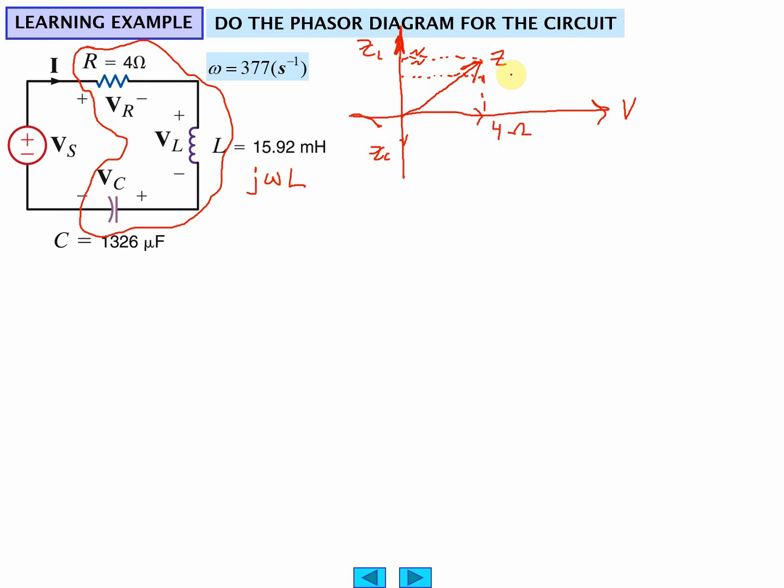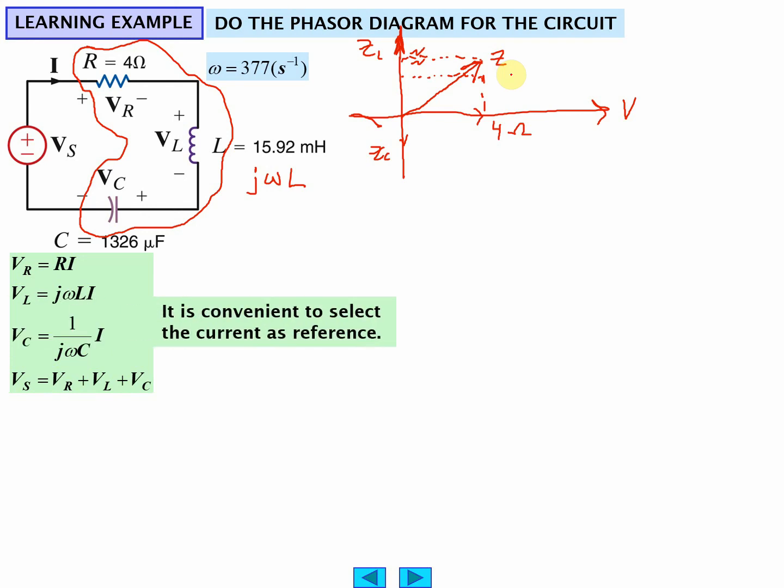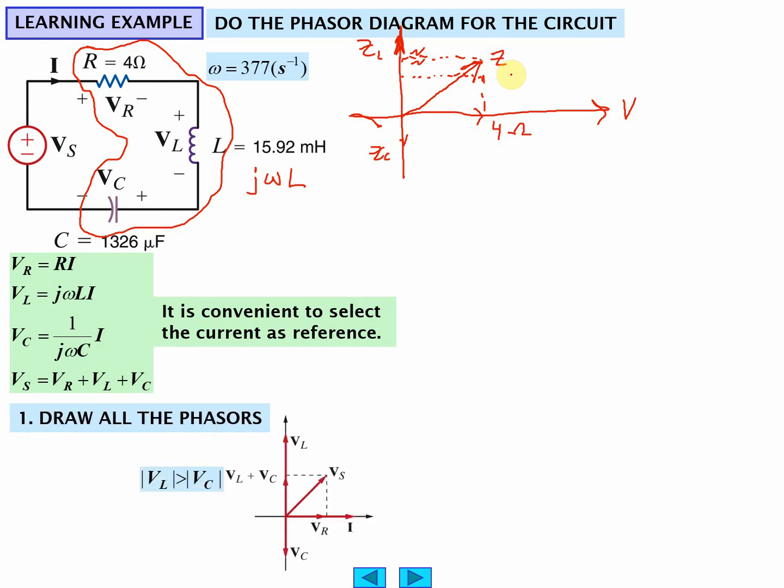Let's see what the book says. So they write down all the numbers. V equals the sum of the 3. And draw all the phasors. Their diagram looks a lot like mine, as you can tell. They chose current as the reference. I should have chosen current.